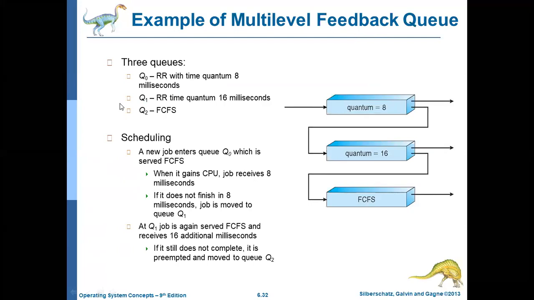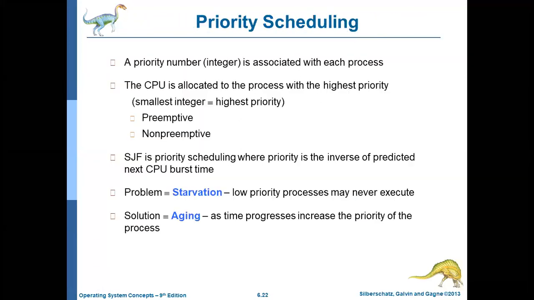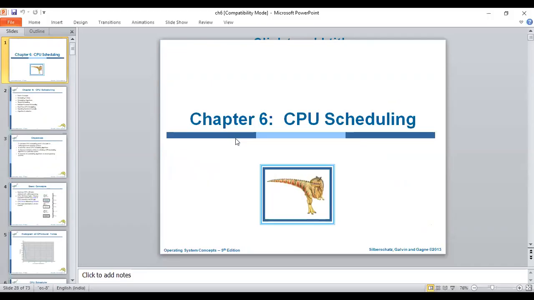With this, we have discussed 8 types of scheduling algorithms: one is FCFS, second SJF, third priority, SRTF, round robin, HRRN, multi-level queue scheduling, and multi-level feedback queue scheduling.